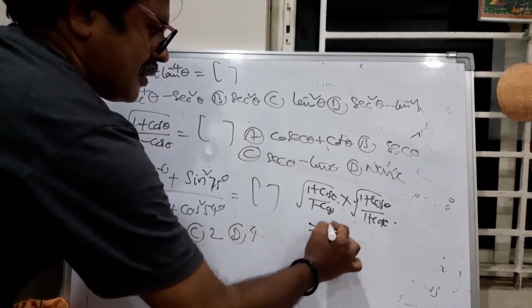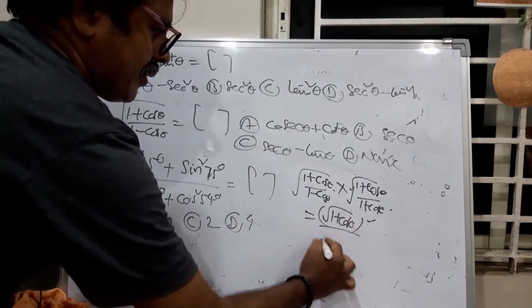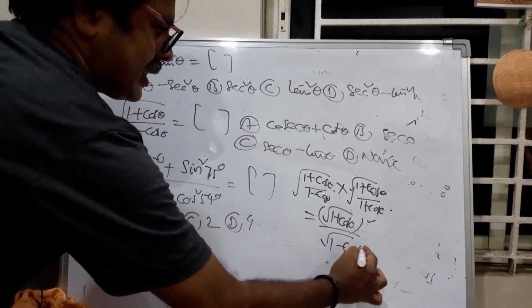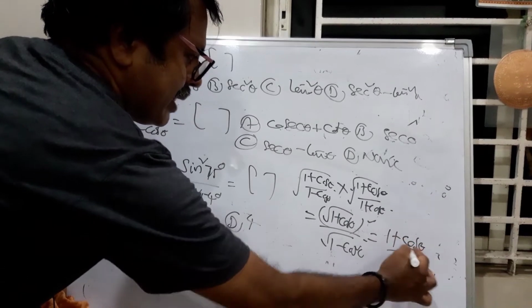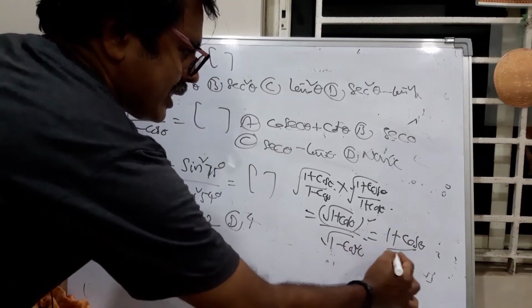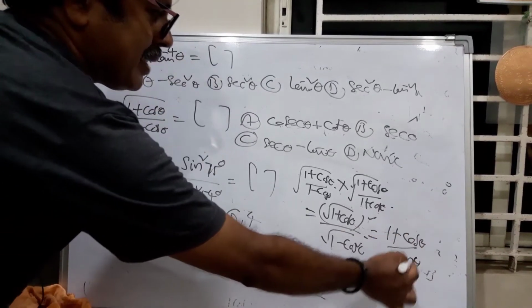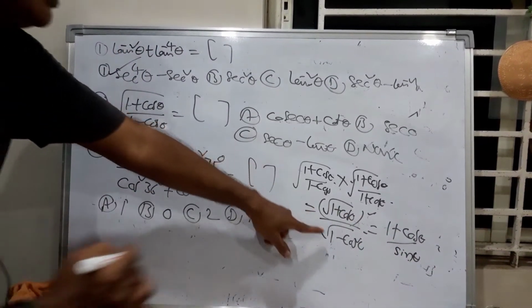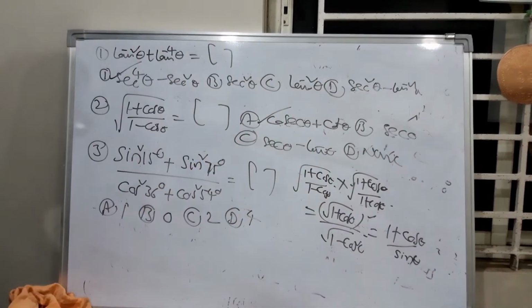Therefore, root of (1 plus cos theta) whole square by root of 1 minus cos square theta. So that is 1 plus cos theta by sin theta, which is 1 by sin theta plus cos theta by sin theta. 1 by sin theta is cosecant theta, cos theta by sin theta is cot theta. So the option is A.